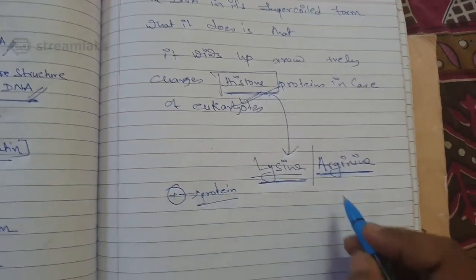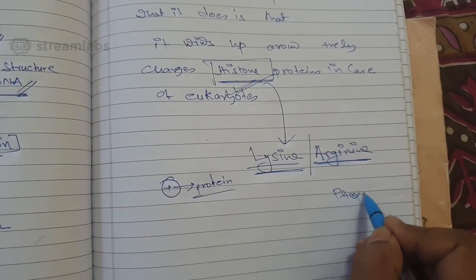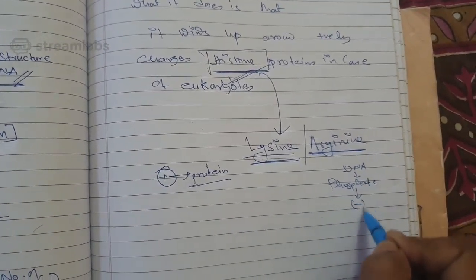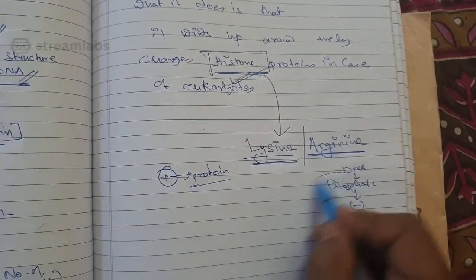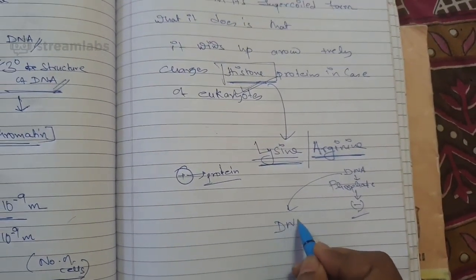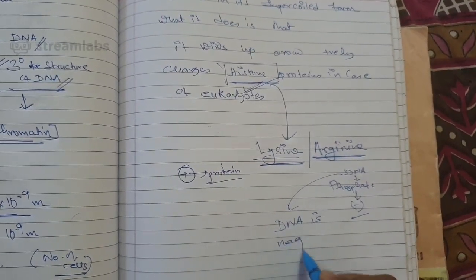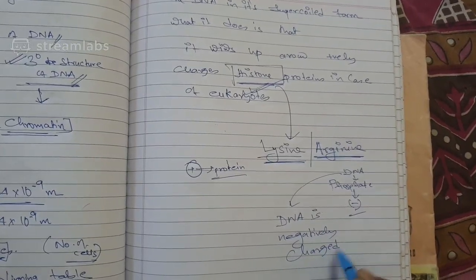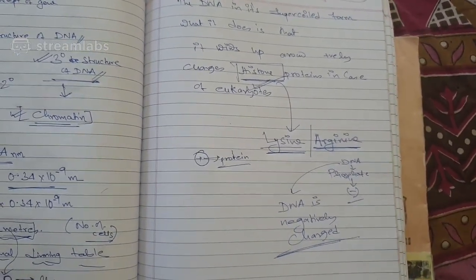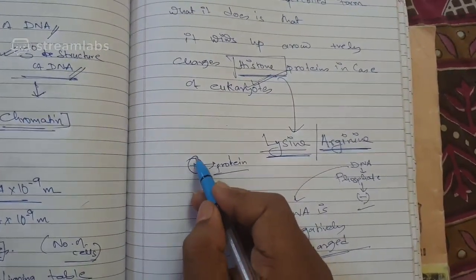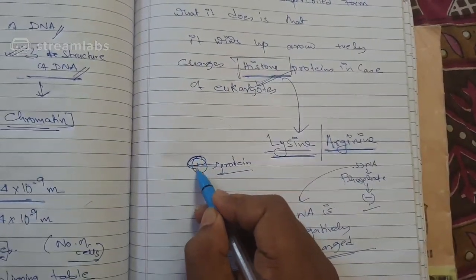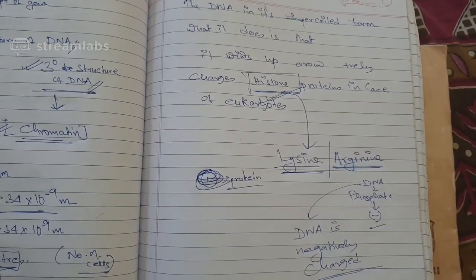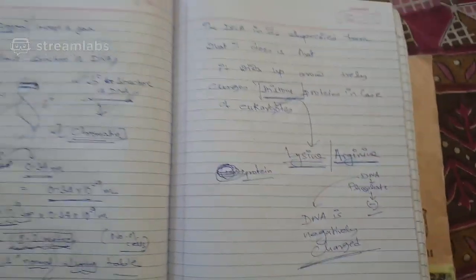Then you must remember that DNA has phosphate group, yes or no, which is negatively charged. So DNA itself, I can say that DNA is negatively charged. Now, as because DNA is negatively charged, it gets itself comfortable to coil above the positively charged protein. So I hope that up to this much you have understood.